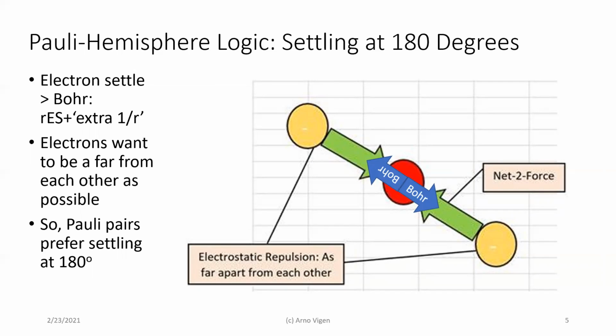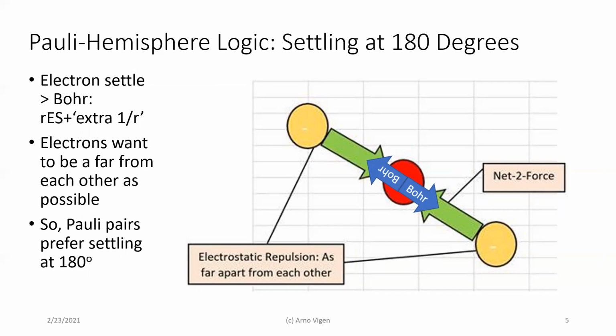However, if you get a second electron, this is how you get a full shell 1. The second electron wants to go to the position at 180 degrees. Electrostatic repulsion operates as a like-kind repel. As a result, those 2 electrons want to be as far away from each other as possible.